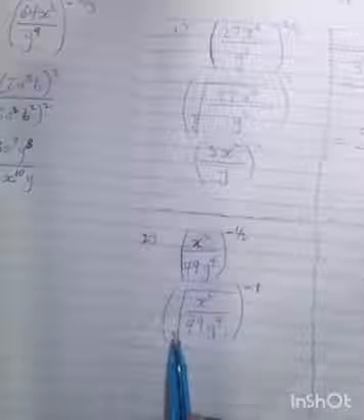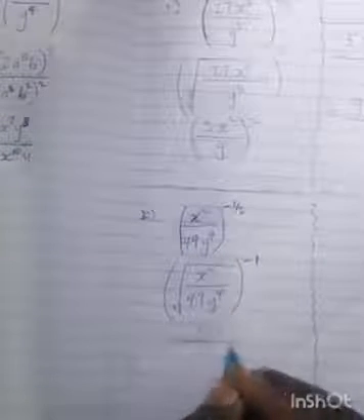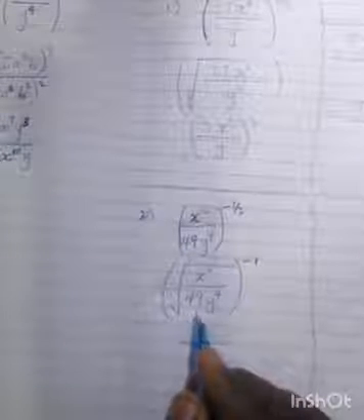As we interpreted this one, this is 2 here. It means find a single number that when you multiply it by itself 2 times, you will get this. So what will you multiply 2 times to get x squared? That will be x, because x times x will give you x squared. What will you multiply 2 times to get 49?